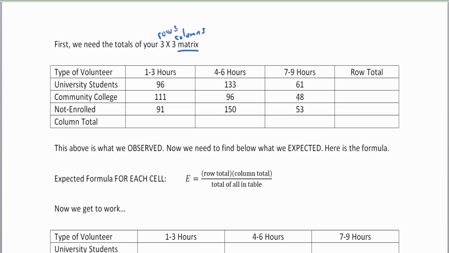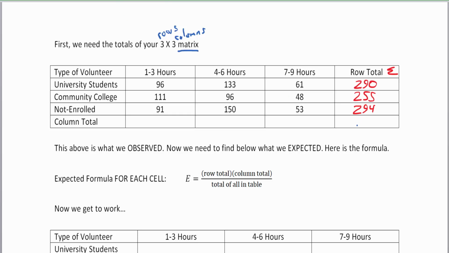If this isn't given to you, you're going to have to do this yourself. So you're going to add 96, 133, and 61. This row total is the sum across this row, and that is 290. And I add 111 to 96 to 48, and that's 255. Then 91, 150, and 53, and that's 294.